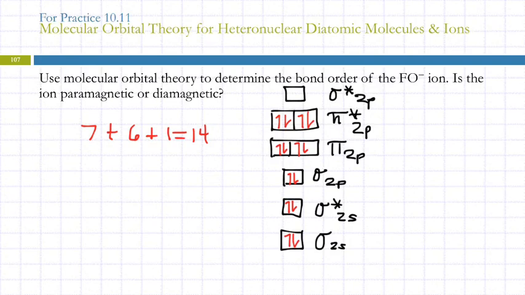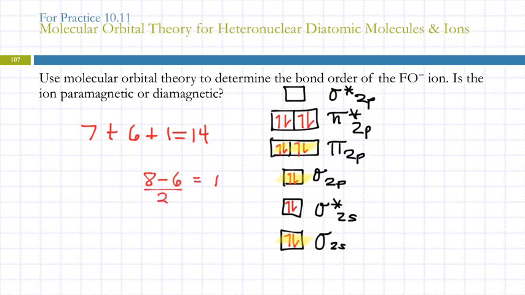Okay? It wants the bond order. So we've got 2, 4, 6, 8, right, in the bonding, and 2, 4, 6 in the anti-bonding.